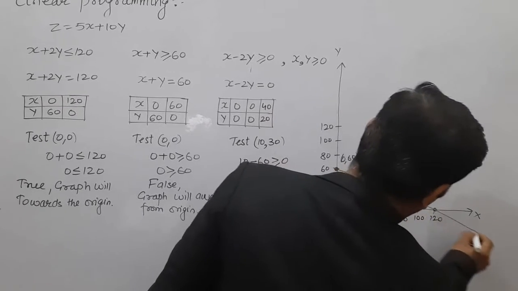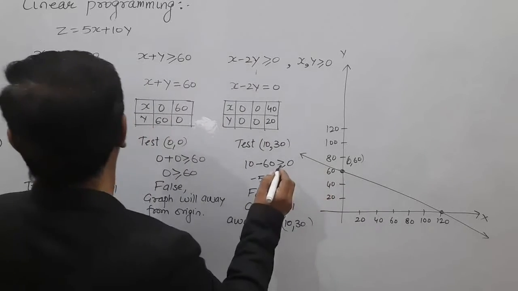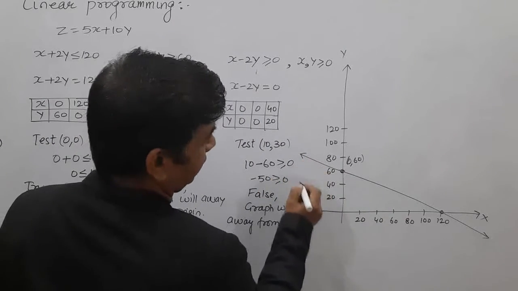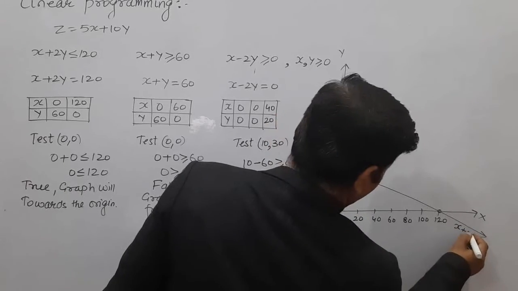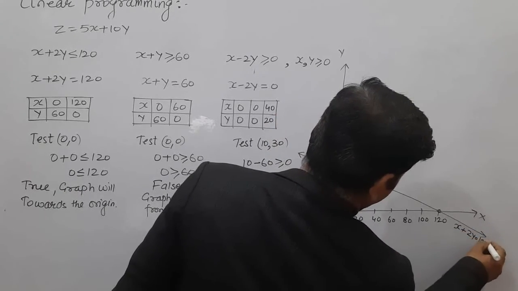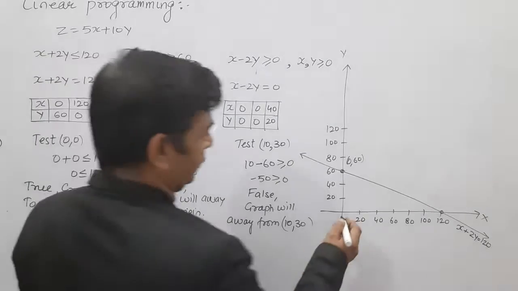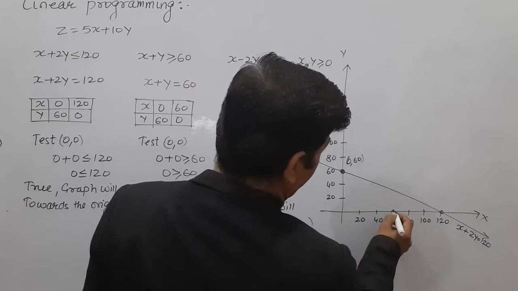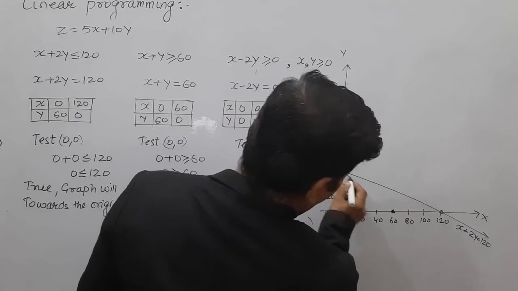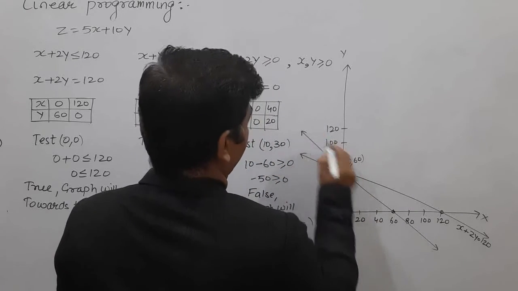Joining these 2 points will give a straight line, and this is for the equation x plus 2y equal to 120. The next is x 0, y 60, the same point again, and 60, 0 is also there. This is 60, 0. Joining these 2 points, again we get a straight line.